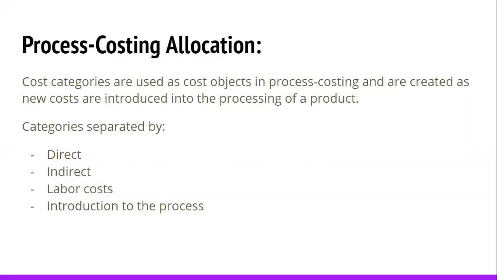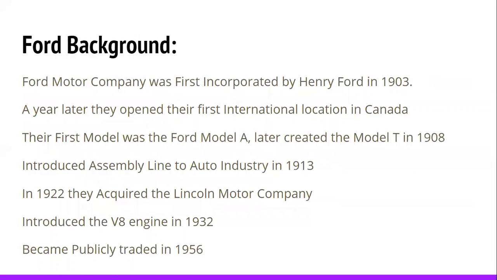Now I'll pass it over to Alicia, who will provide background on Ford Motor Company and their operations. So a little bit of background: Ford was first incorporated by Henry Ford in 1903. A year after that, they opened the first international location in Canada.